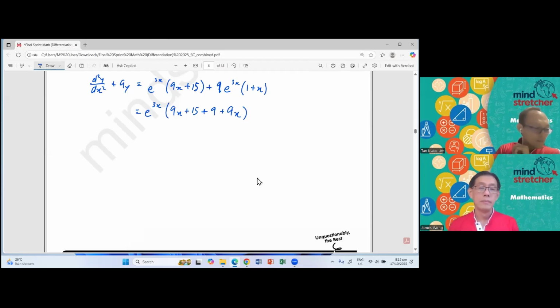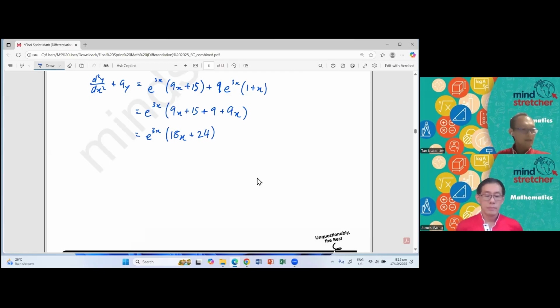Okay, right. So then the next step is you will get e to the power of 3x multiplied by 18x plus 24. At this point, that's when you have to factorize out, because we are trying to prove that it is actually 6 times of the dy dx.